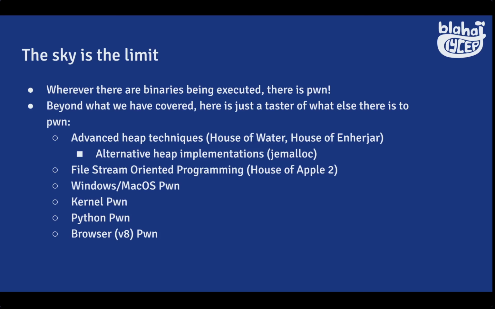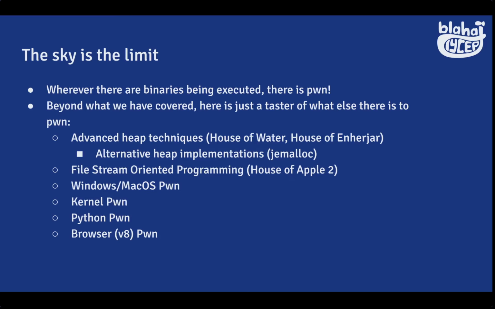And other than the Pwn that we did in the Linux environment, there's also the Pwn in the Windows and Mac OS environments. And these environments are going to be a bit different. So whatever we've taught these few days, the specifics or the internals might not be the same, but the concepts such as a buffer overflow or use after free, those are probably going to be the same, whatever environment you're in, right?